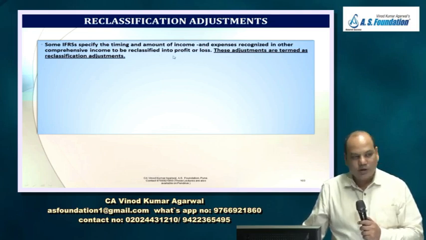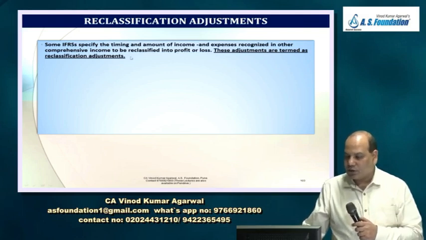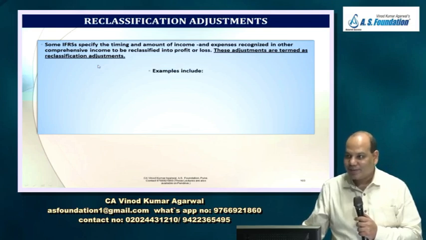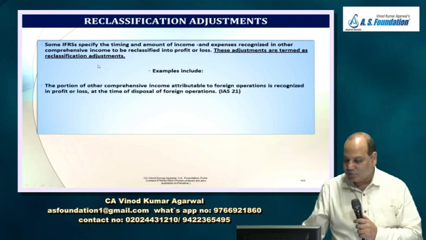Like IAS 21 allows you to reclassify foreign exchange gain or loss relating to foreign operation in the profit and loss. These adjustments are termed as reclassification adjustment.